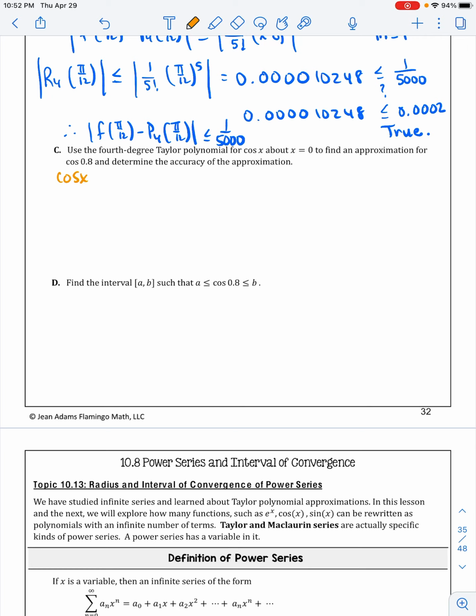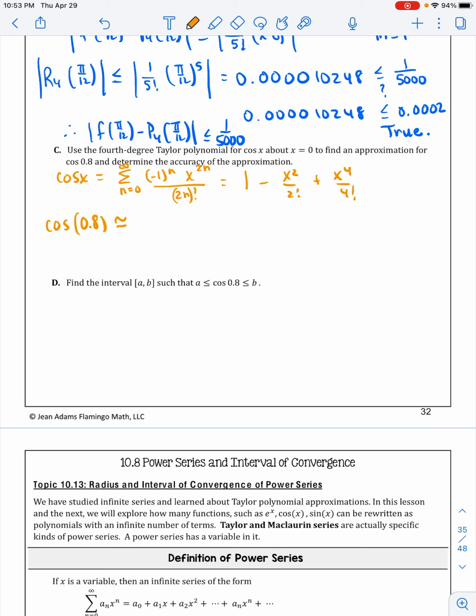use the 4th degree Taylor polynomial for cosine x about x equals 0 to find an approximation for cosine of 0.8 and determine the accuracy of the approximation. So again, we can write cosine x equals summation from n equals 0 to infinity, negative 1 to the n times x to the 2n divided by 2n factorial.